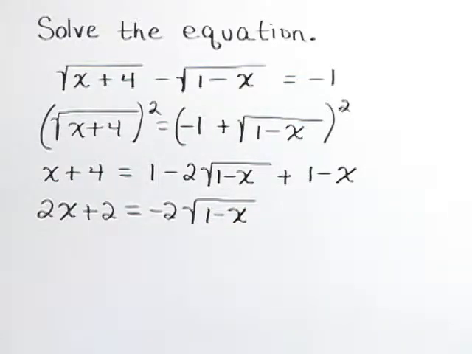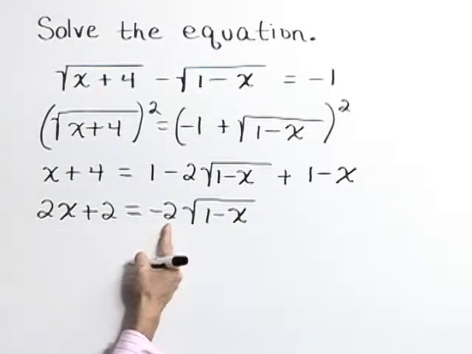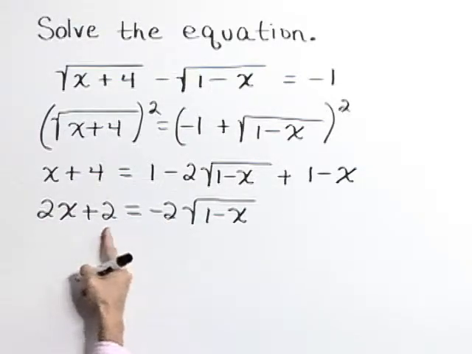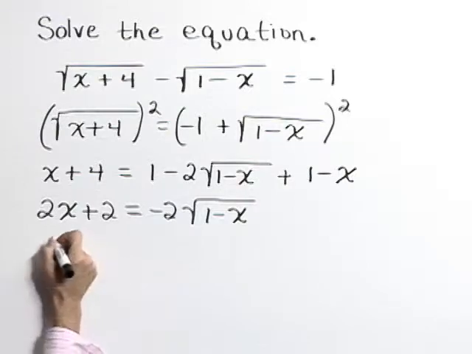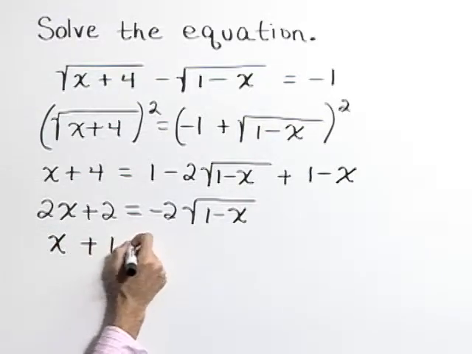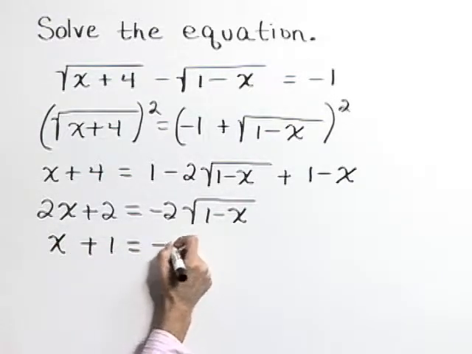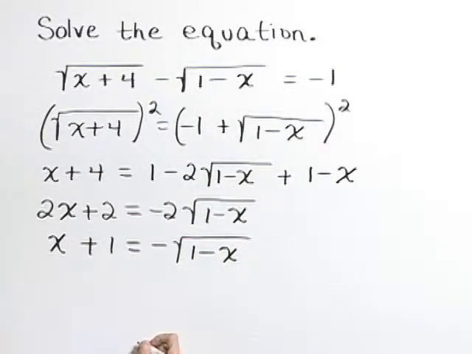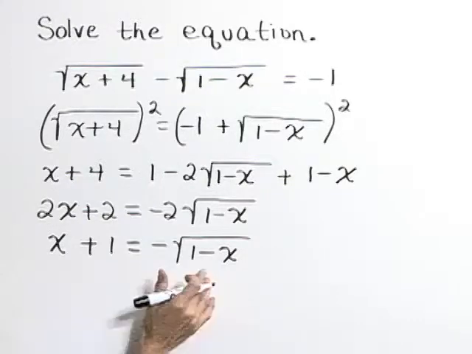Now, notice that each of our terms has a factor of 2 in them. Divide both sides by 2. That is, divide each term by 2 to get x plus 1 is equal to a negative 1 times the square root of 1 minus x. Now, we'll square both sides again.